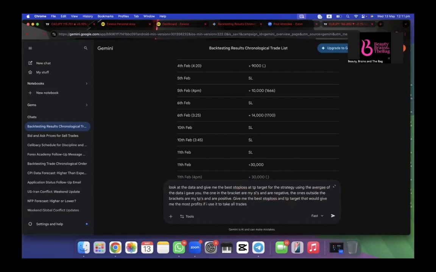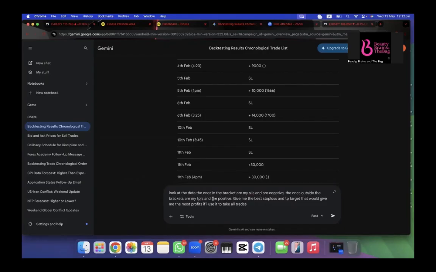I need to clean up this thing I wrote. Okay, so first of all, look at the data. The ones in the bracket are my SLs and are negative.